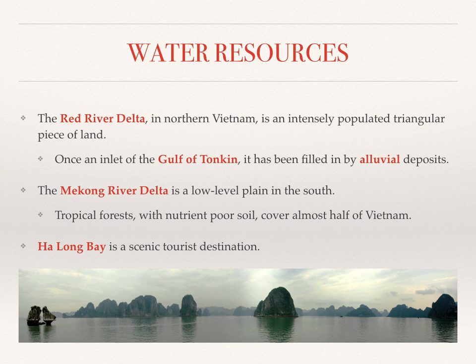Another river in the south is the Mekong River, makes up the Mekong River Delta. And then another main area of Vietnam that people like to go and visit and look at, it's beautiful, Ha Long Bay, the tourist destination. You can see a picture of it at the bottom.